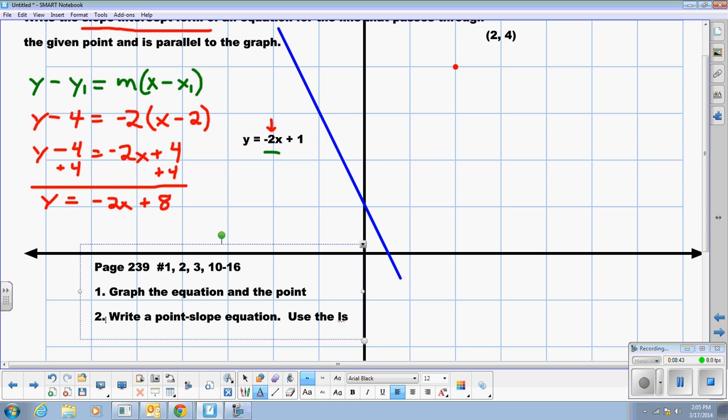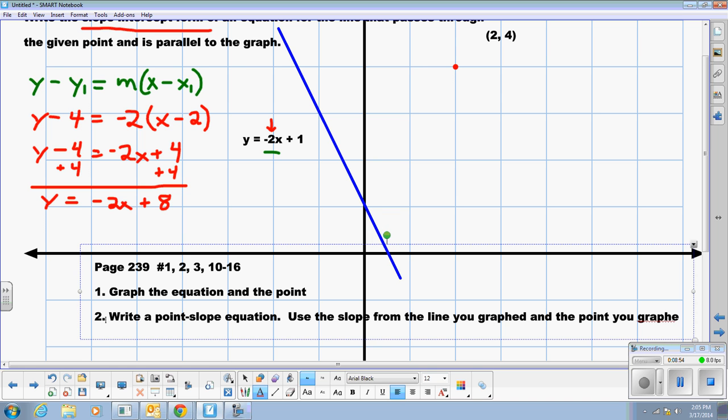Use the slope from the line you graphed and the point you graphed. Third, turn the point slope equation into slope intercept form.